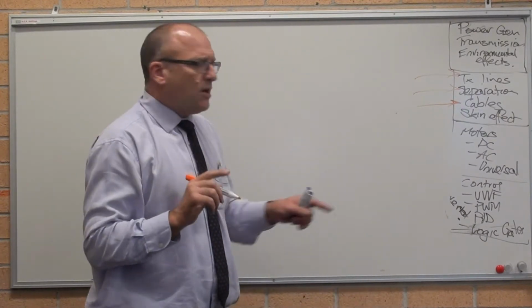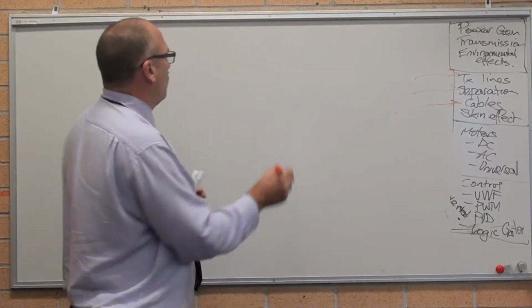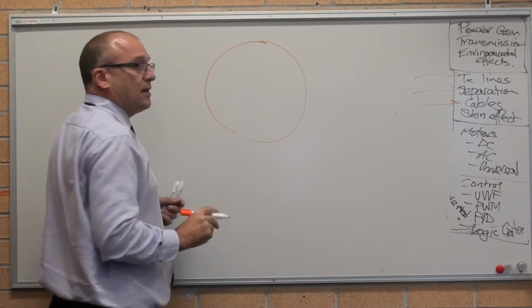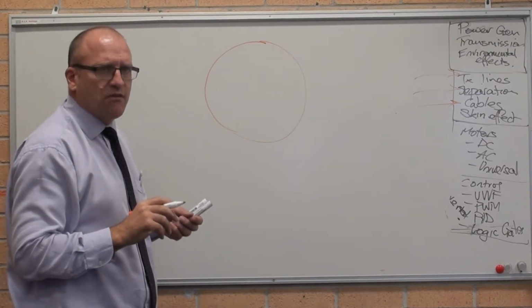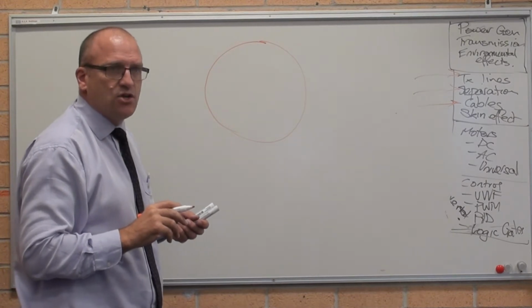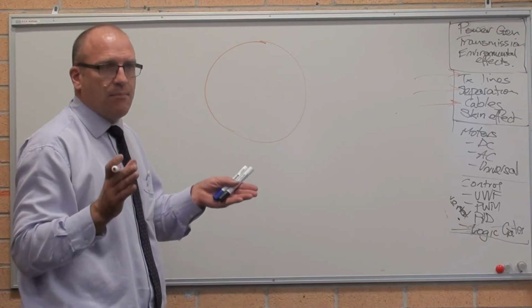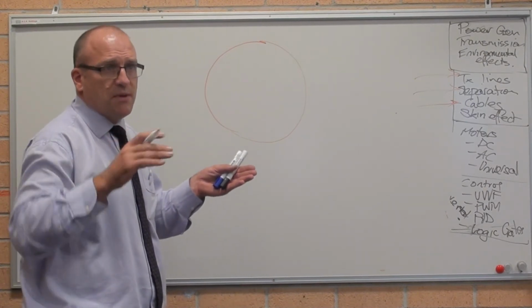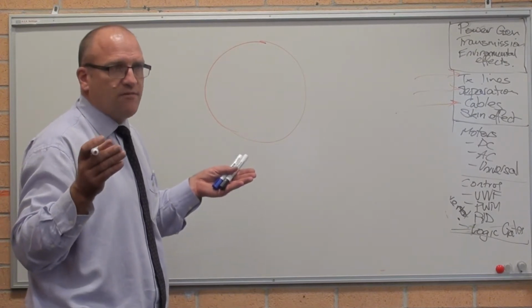The cables: I've got up here cables and skin effect. What we need to worry about, I'm going to magnify an electric cable. We don't transmit electricity using direct current, because direct current has to happen at whatever the final voltage is needed, which means massive currents, massive heat losses.